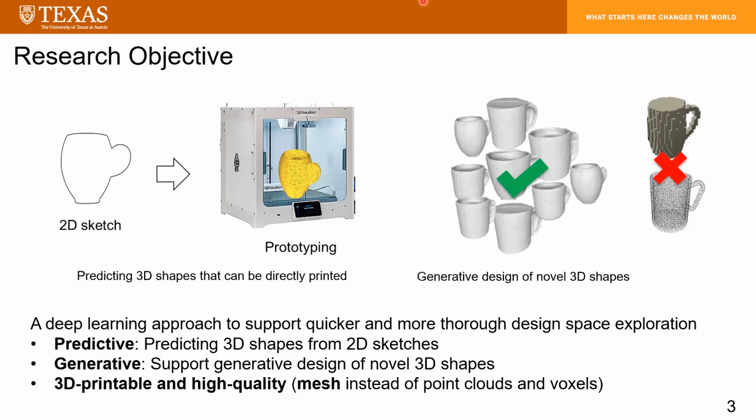The resulting 3D shape should also be 3D printable, so that users can quickly try their new designs. We select the mesh as the 3D representation because it can be directly 3D printed and has good surface quality, instead of using point clouds and voxels.